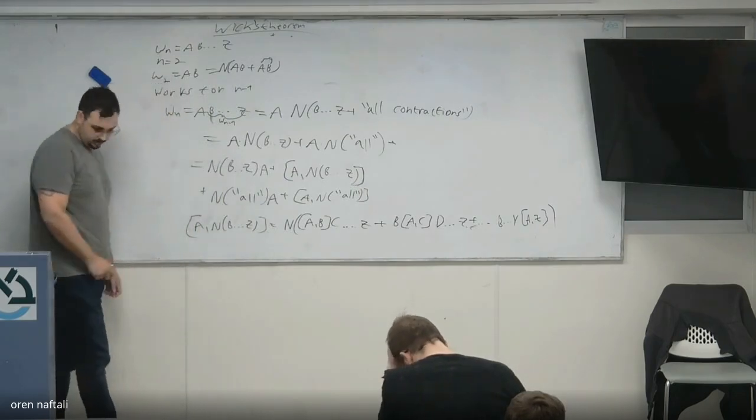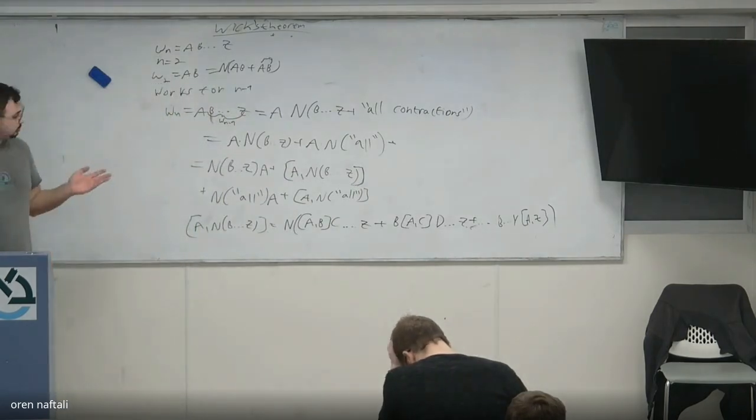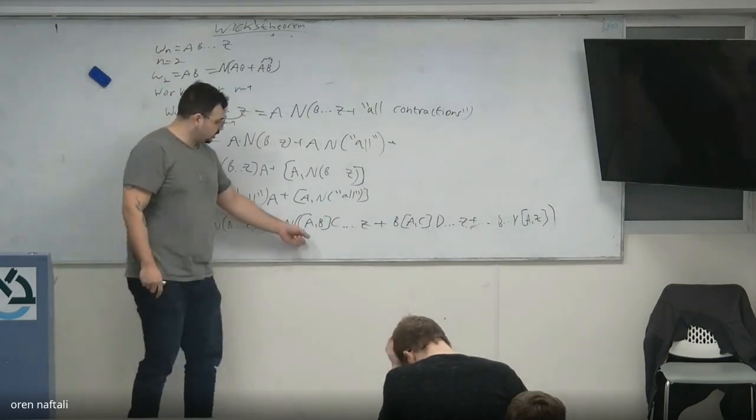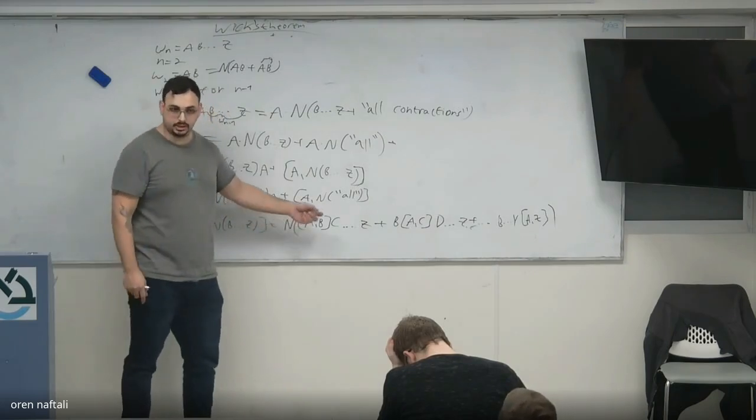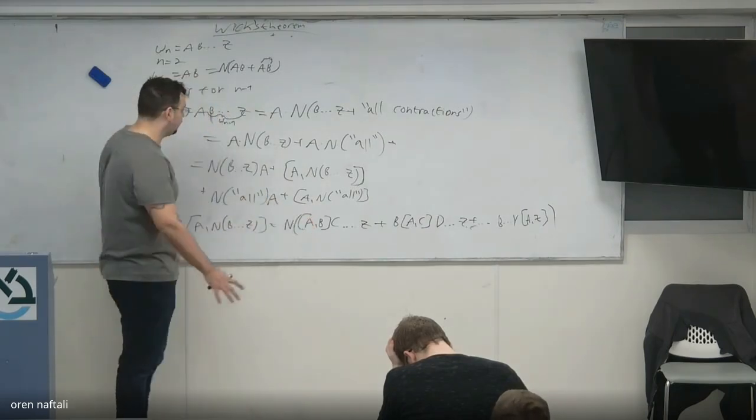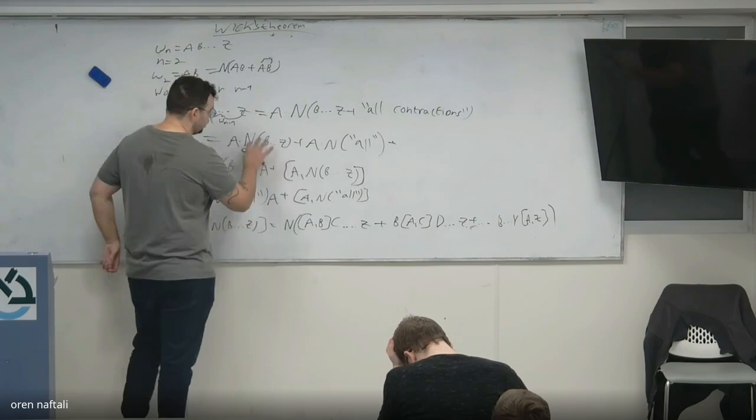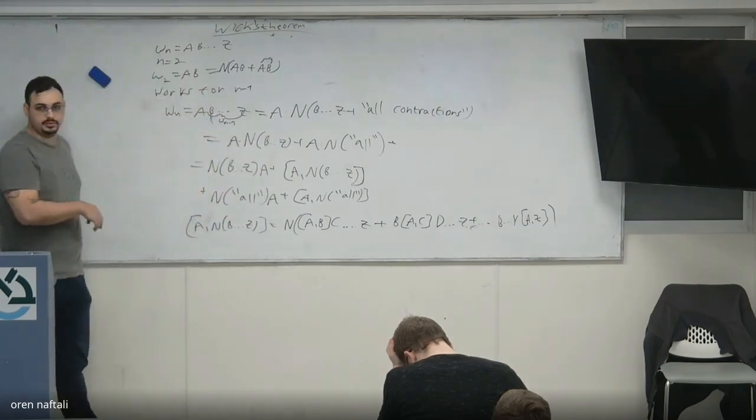We put everything here in normal order, and now all I'm doing is just moving the commutator and adding a contractor. Then we get a contracting term inside of normal order that involves A.